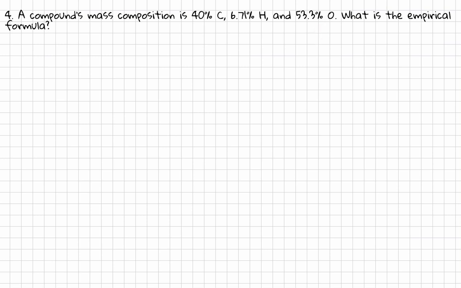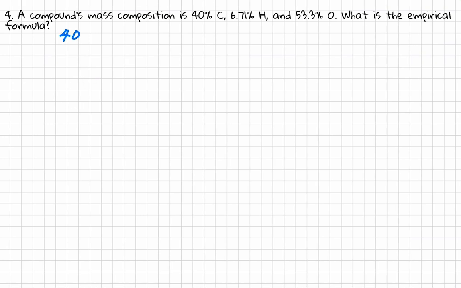So when we have percentages, we need to add them all up to see what it comes up to. 40 plus 6.71 plus 53.30 equals, oh, that doesn't look right. Hold on.